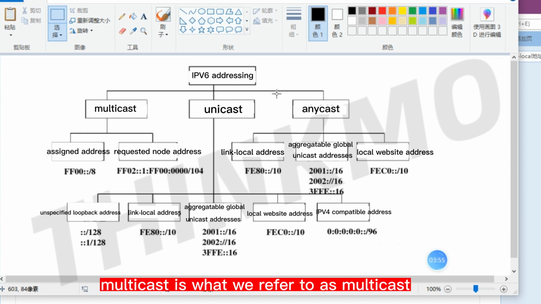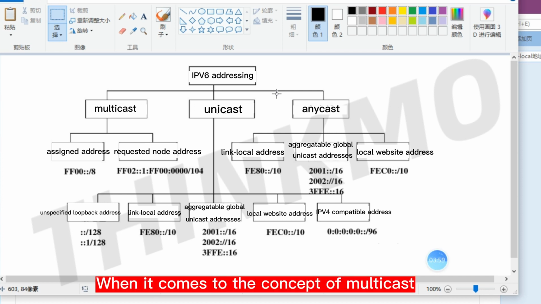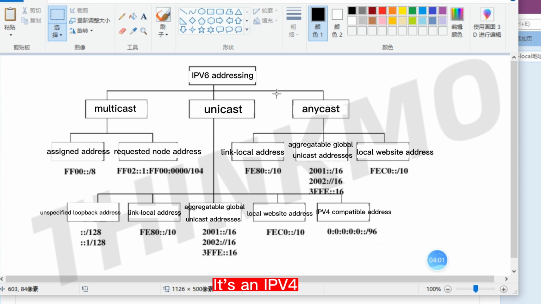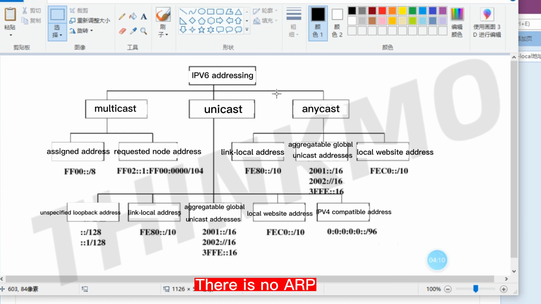Multicast is what we refer to as multicast. In IPv4, there are the concepts of broadcast and multicast. But there is no broadcast in IPv6, and no ARP, so it is just the idea of multicast.